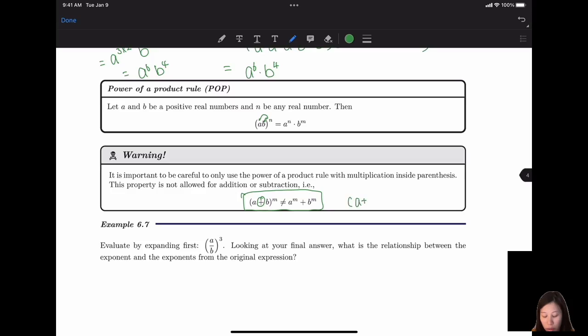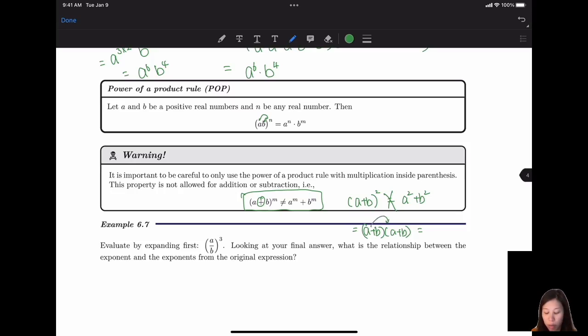So for example, why is that? a plus b squared is not equal to a squared plus b squared. This is wrong. Let me expand them. So I have a plus b squared. That means you multiply a plus b times a plus b.